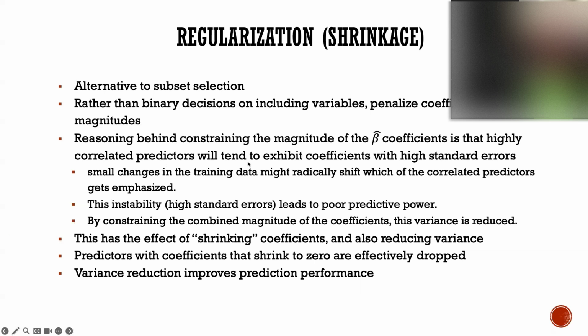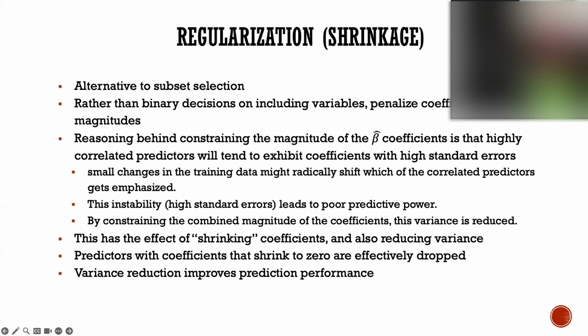And the reasoning behind considering the magnitude of the beta hat coefficients is that if there are highly correlated predictors, they will typically have high standard errors. Then small changes in the training data will shift which of these correlated predictors gets emphasized.